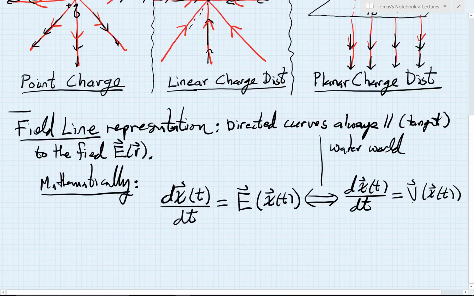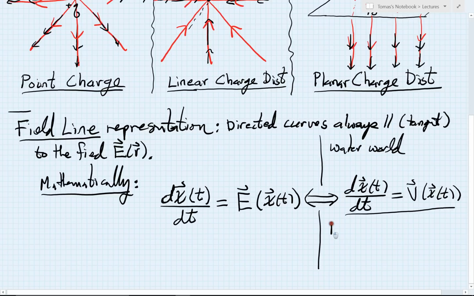So there's a concept in water world that goes along with this precise equation that just says I'm looking at the path followed, path x of t, by what's called a tracer particle. It's just a particle that moves along with the flow field of the fluid so that the time derivative of its position matches the flow of the fluid.